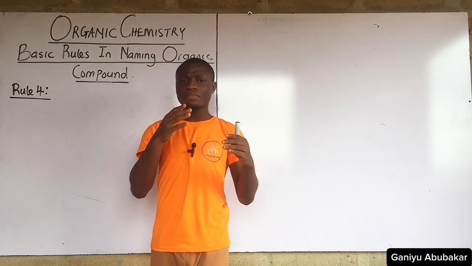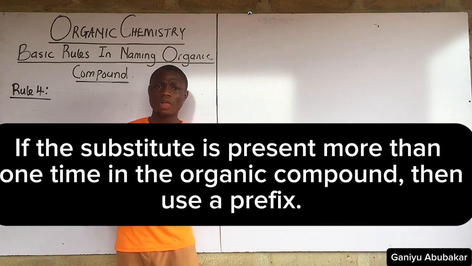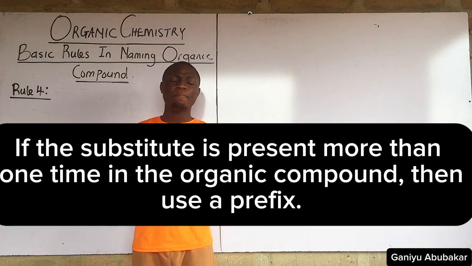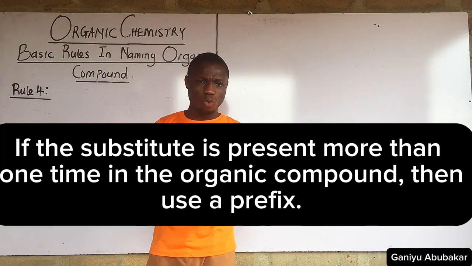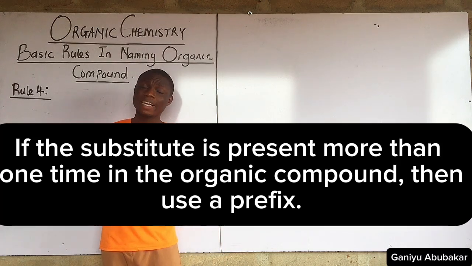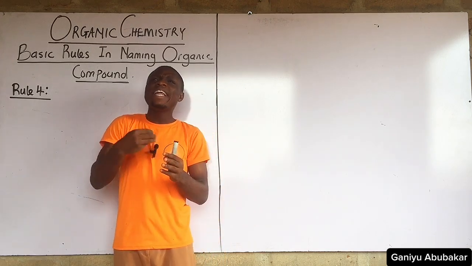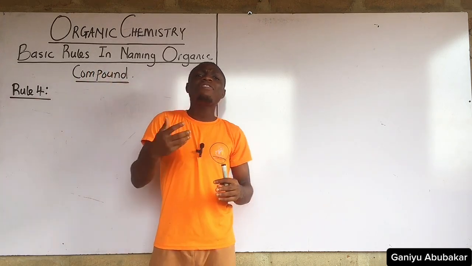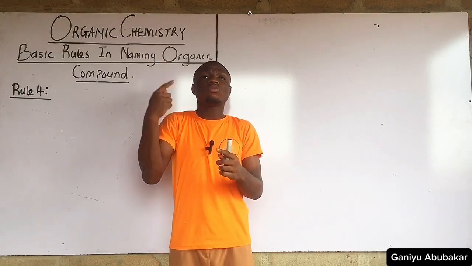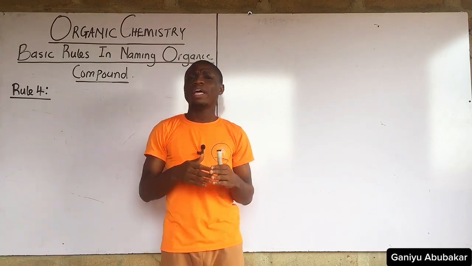Rule 4 says if the substituents in the hydrocarbon are more than one, the substituent should be represented using a prefix, that is di for 2, tri for 3, tetra for 4, penta for 5, hexa for 6, hepta for 7, etc. So I'm saying that if in any organic compound you have a substituent more than one time, the substituent occurs maybe three times or twice, the substituent should be represented using a prefix.